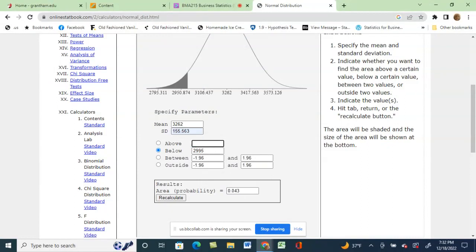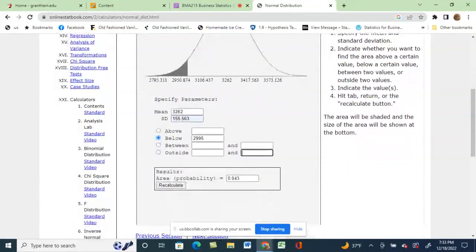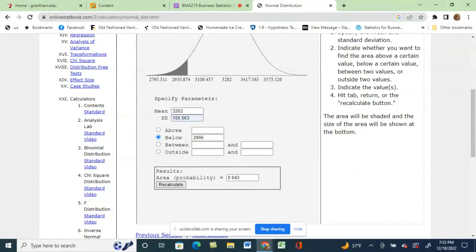That's what you're testing against the claim. Now look at the picture. You get a left-tailed, 3262 is in the middle. The claim mean is always in the middle, and you test your sample mean. So we're testing the 2995. Your picture really shows you that. And then you get the probability that that sample is over there. It's only 0.043.